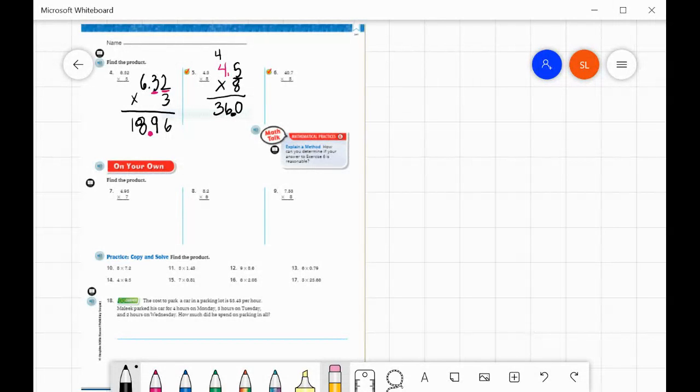All right. Number 6, 40.7 times 5. So I'm going to write 40.7 times 5. 5 times 7 is 35. Carry the 3. 5 times 0 is 0. Plus 3 is 3. And 5 times 4 is 20. We go up to our decimals and we check.